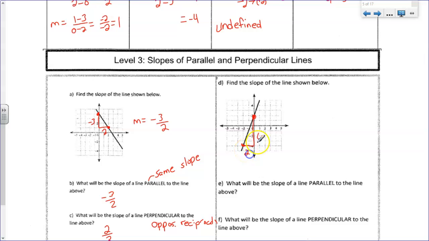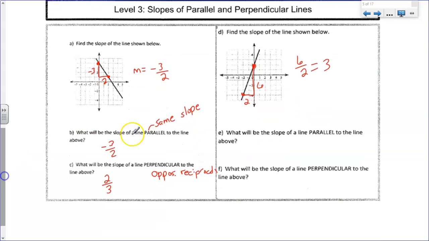That makes them both negative, but we already know it's going to be positive, so 3 is my slope. If it's parallel, it's going to have the same slope. Perpendicular, if it's 3, it's going to be negative. I could put 3 over 1, and then when I flip it, that would be -1/3.